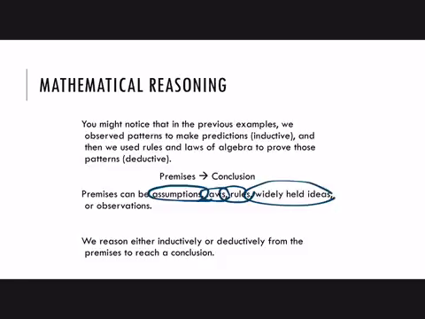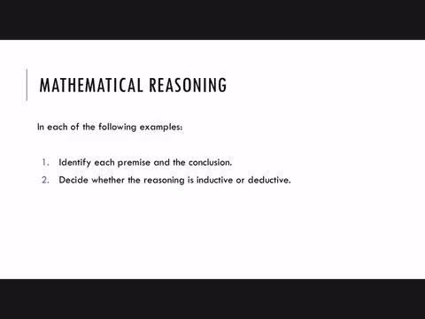All right, then if you're starting with any of these things and then reasoning to your conclusion, that's going to be deductive reasoning. So we're taking these things as truth and then applying those widely held ideas or laws in specific situations to make small conclusions about other things.